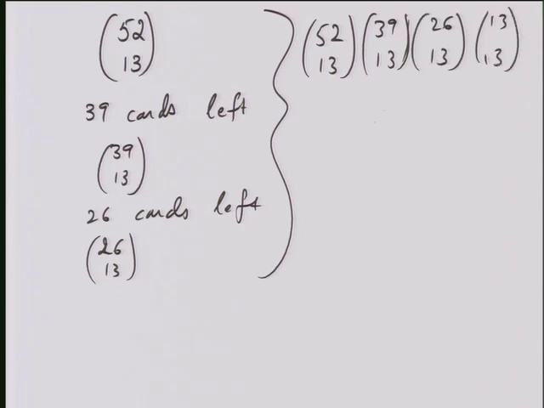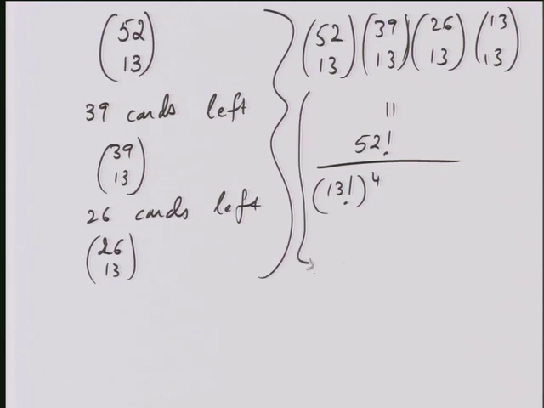Now, it should be the case that this is the same thing as 52 factorial over 13 factorial to the fourth. What are the chances of that? So let's see.